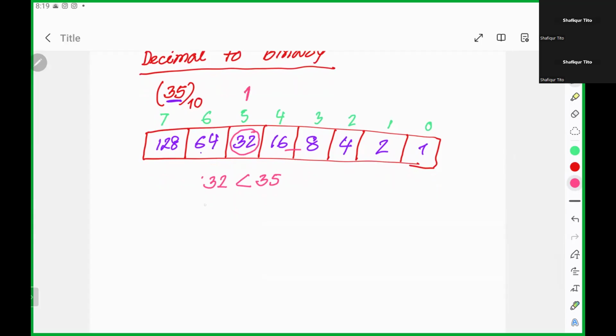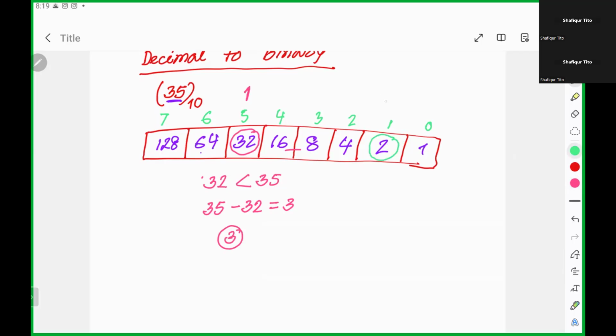Then I will subtract: 35 minus 32 is 3. So the next step, 3 is my number. I need to find in this table the highest number smaller than 3, which is 2.